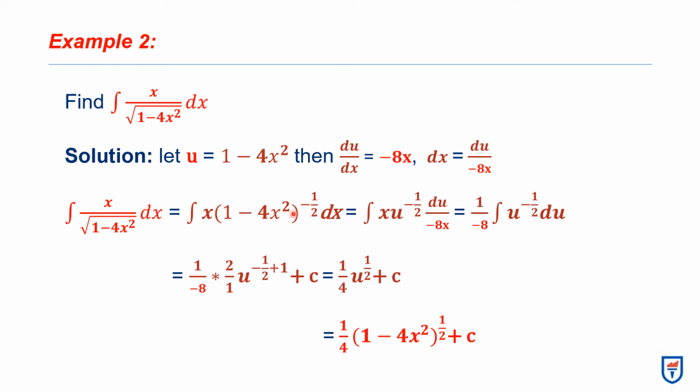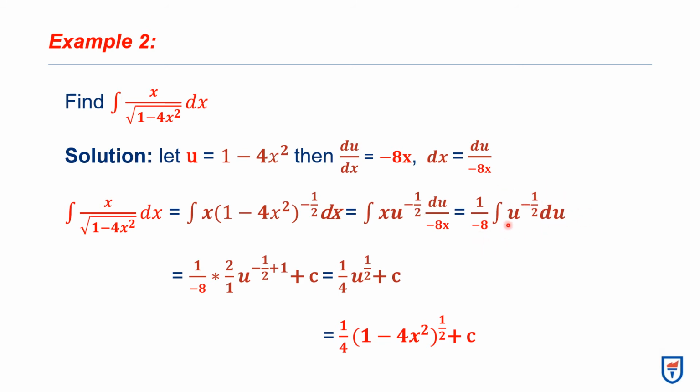And now we substitute u in place of 1 minus 4x squared, and in place of dx we put du over minus 8x. We're going to end up having the integral of x u to the power negative half du divided by minus 8x, and the x here and the x in the denominator will cancel each other, and you're going to be left with 1 over negative 8 integral of u to the power negative half du.